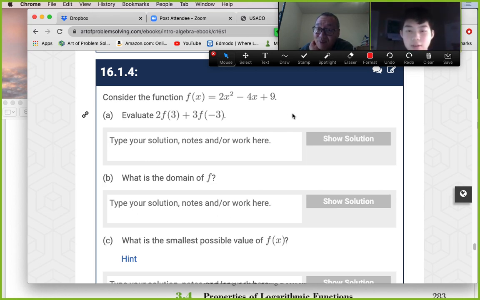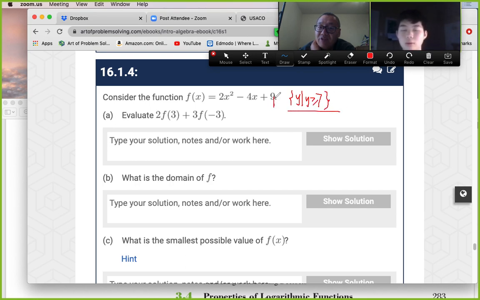Yes, that's the smallest value for f of x. Then you should know the range of this function. The smallest value is 7, right? So that means y should be greater than or equal to 7. This is the range, right? Yeah. Okay.